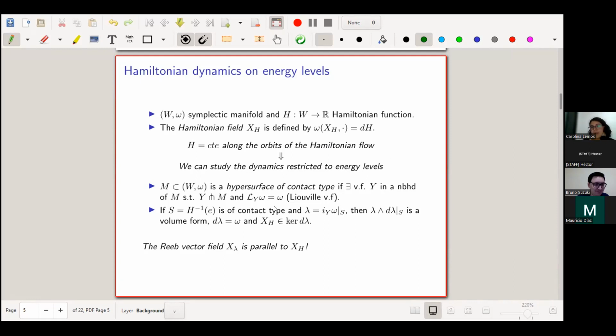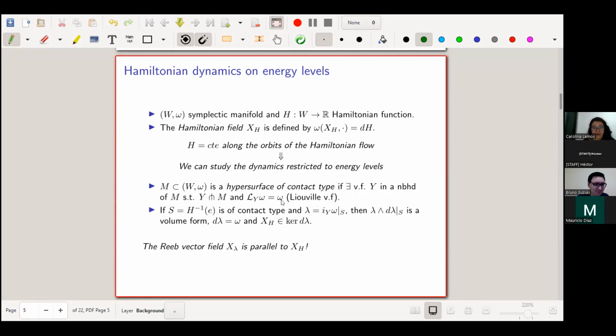So when you have a special kind of energy level that is called contact type hypersurface, the definition of this is that you have a transversal vector field in a neighborhood of your surface that is a Liouville vector field, such that the Lie derivative of the symplectic form in the direction of this vector field is the symplectic form.